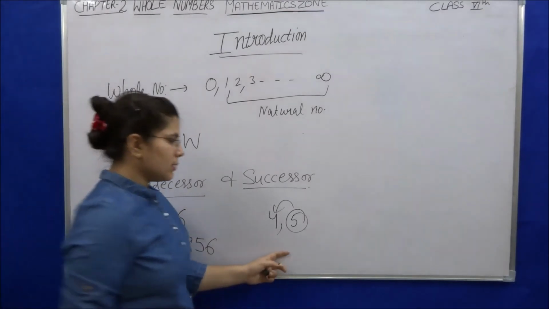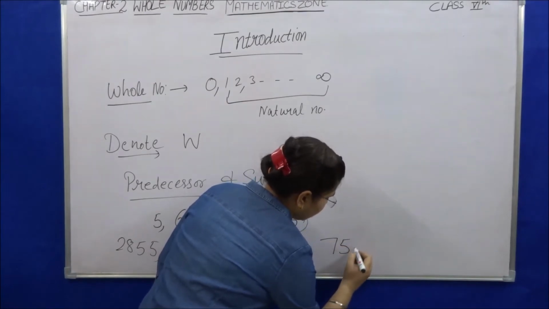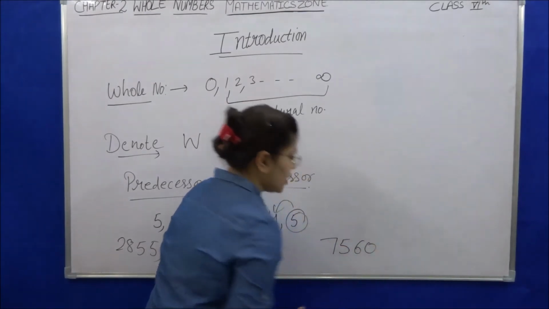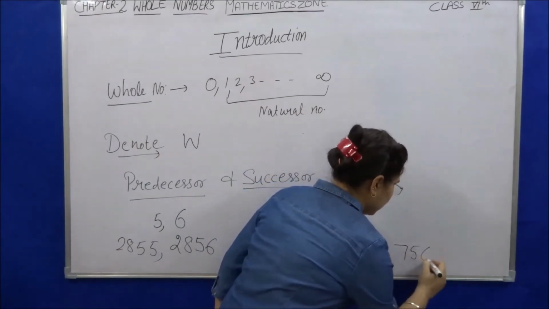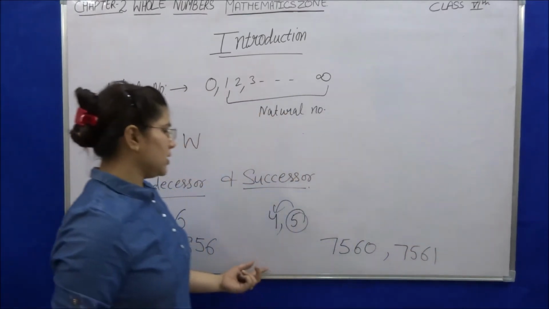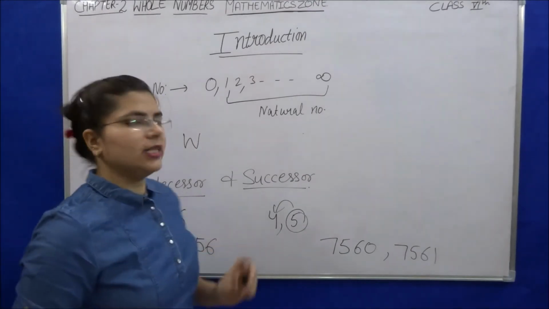In a similar way, what will be the successor of 7560? 7561. So these are the predecessor and successor of any number.